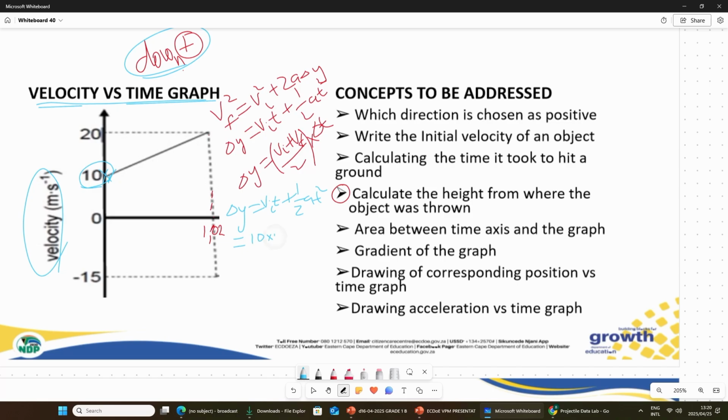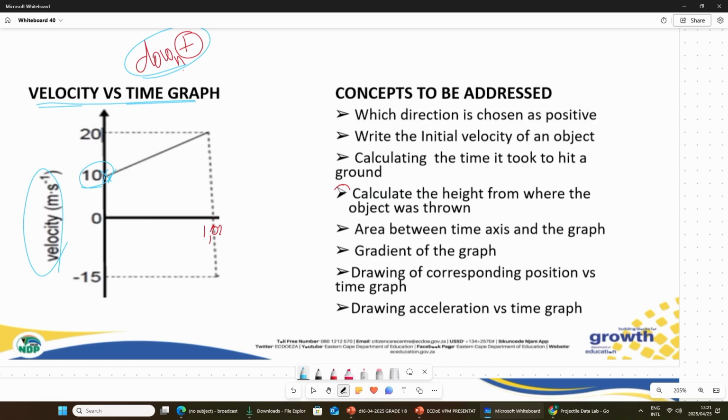Then our time, we just calculated that to be 1,02, plus half into our acceleration, which is 9,8, then the time is also 1,02, all squared.